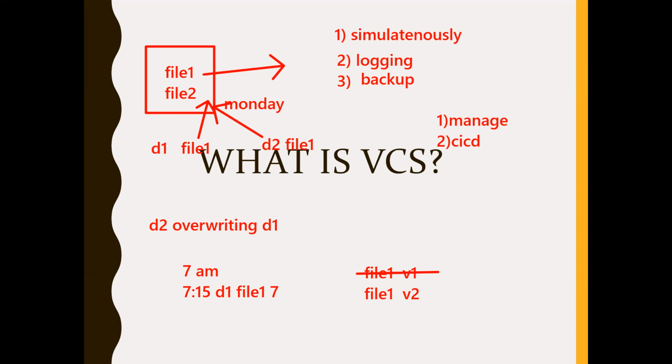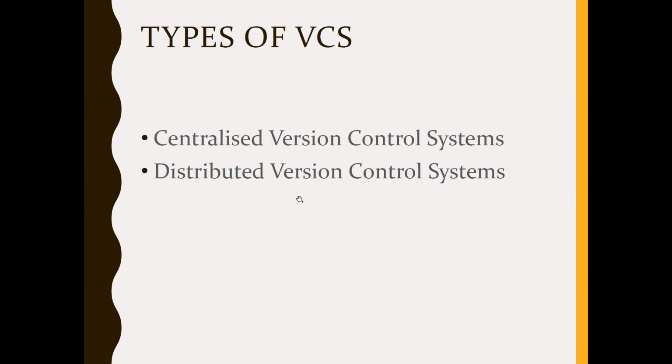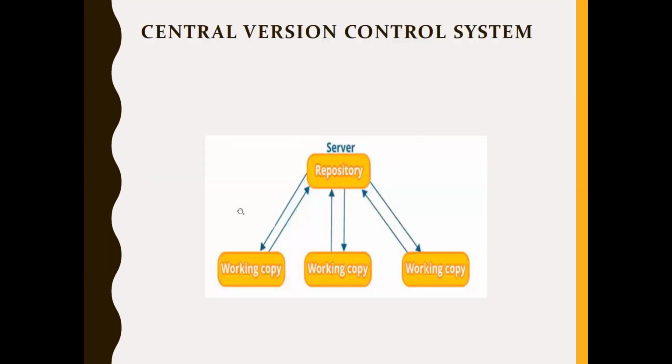Okay, so we understood what a version control system is, correct? Now that we understood that, let's talk about the types of version control systems. Based on their architecture, they are categorized in different ways, like centralized version control systems and distributed version control systems.